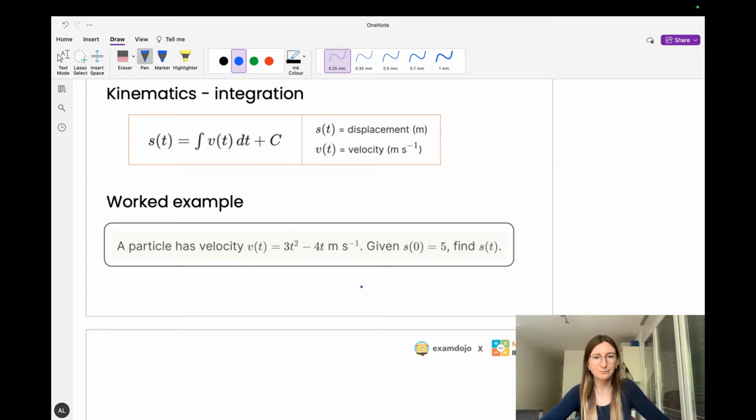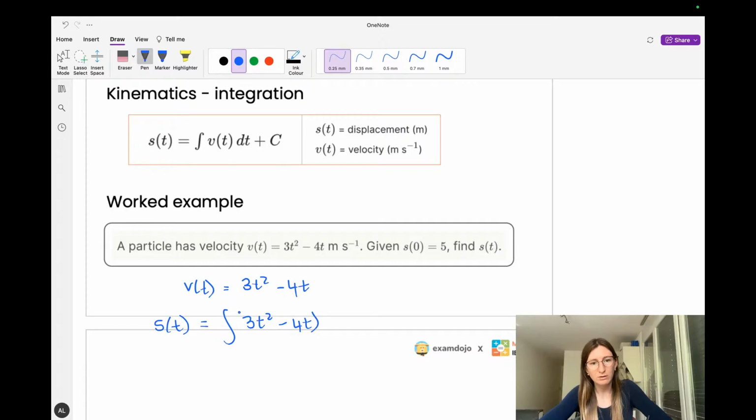Okay, so a particle has velocity of 3t squared minus 4t, and we need to find s of t. So s of t will be given by the integral of this function, 3t squared minus 4t.